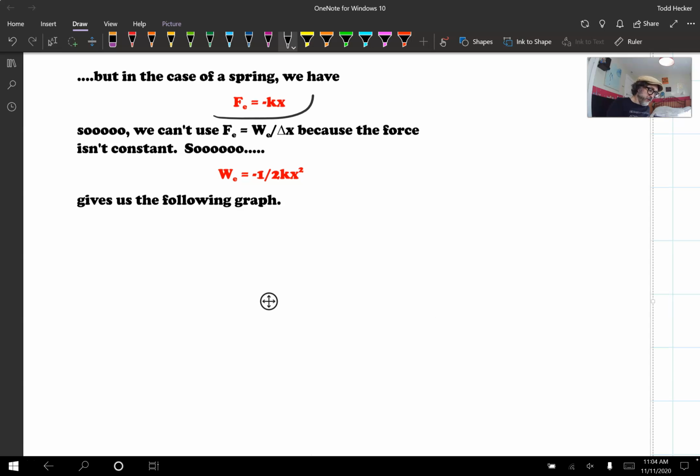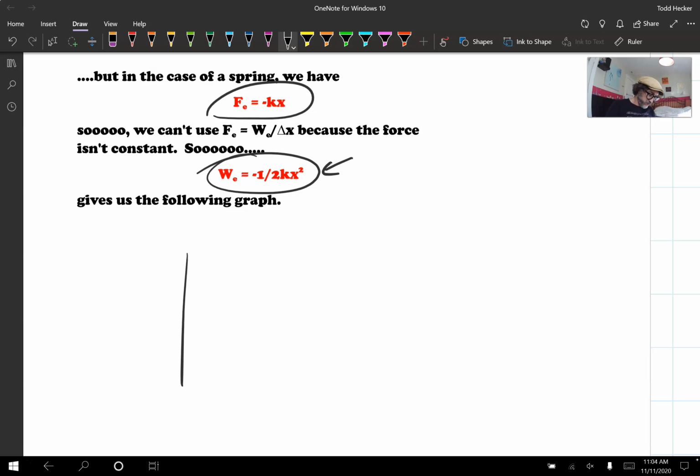So for a spring, here's our equation for the elastic force, right? And we learned before that the work being done was this, right? So if I was to graph this, here's my position, here's the work done by the elastic force. If I graph this, it's going to be a parabola that goes like this, right?